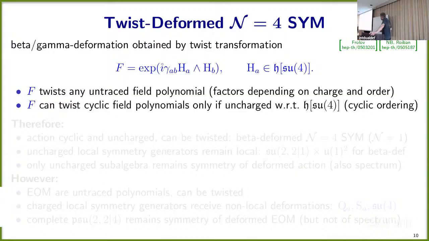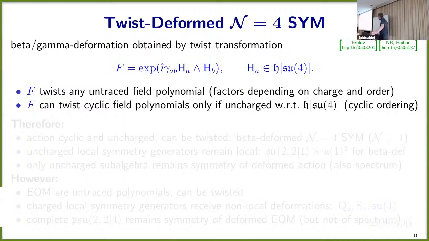Right. So with F, you can also apply this to any field polynomial, as long as it's not traced, because here you have some antisymmetry again, and this requires you to have a proper ordering. And if you apply this to any untraced field polynomials, you get some funny phase factors which depend on the charges of the fields or the spin sites, and on their particular ordering.